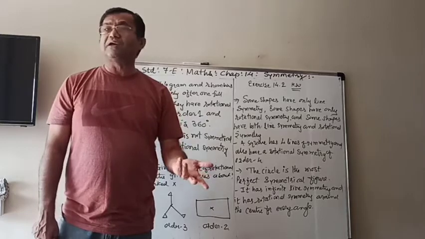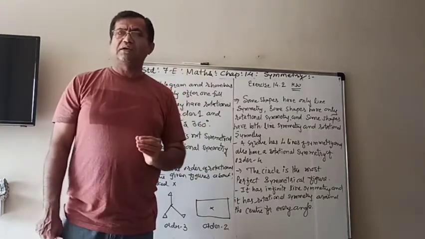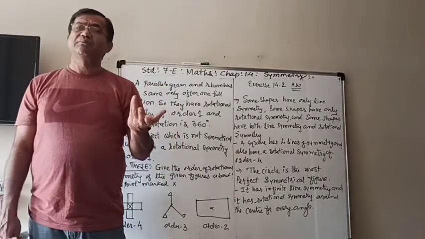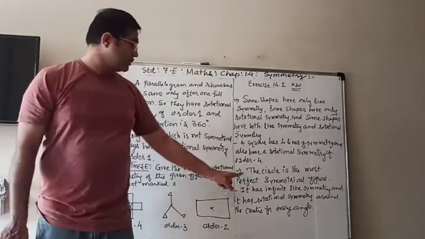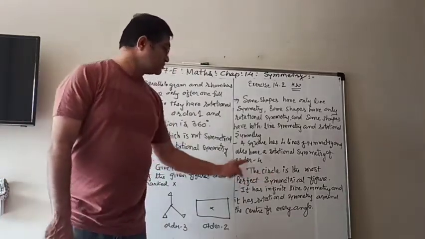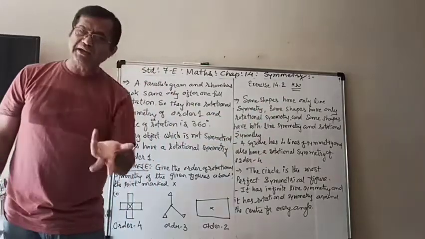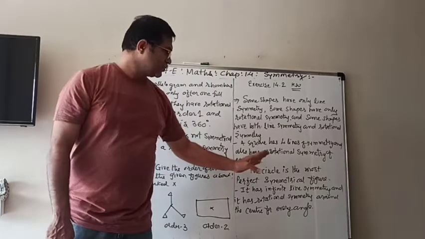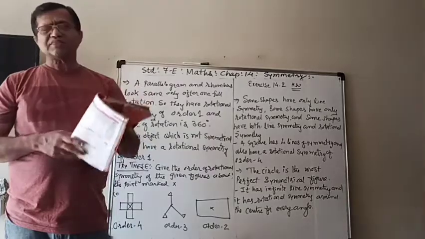So you can't take an order, because whatever angle you turn the circle, it will be exactly the same. And therefore, the circle is known as the most perfect symmetrical figure. From any angle, it will look exactly the same.